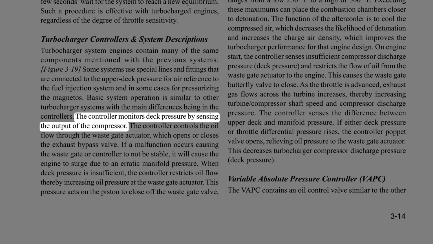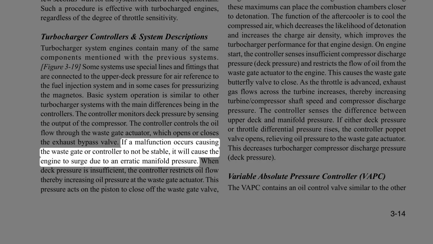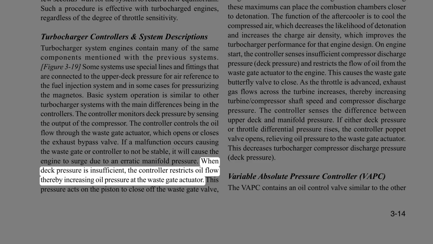The controller monitors deck pressure by sensing the output of the compressor. The controller controls the oil flow through the wastegate actuator, which opens or closes the exhaust bypass valve. If a malfunction occurs causing the wastegate or controller to not be stable, it will cause the engine to surge due to an erratic manifold pressure. When deck pressure is insufficient, the controller restricts oil flow, thereby increasing oil pressure at the wastegate actuator.